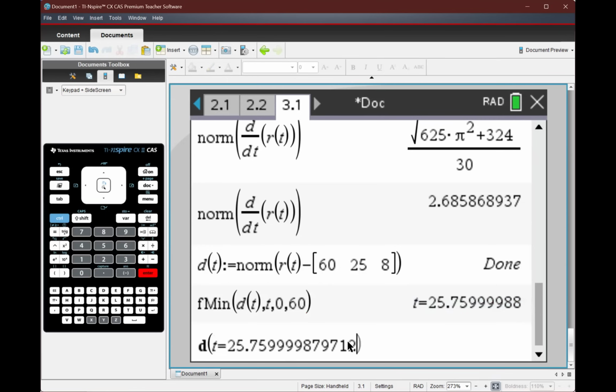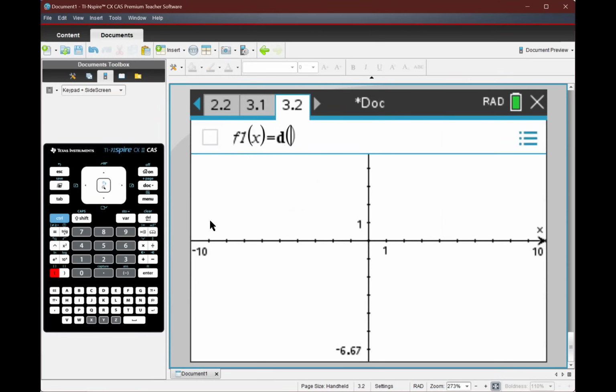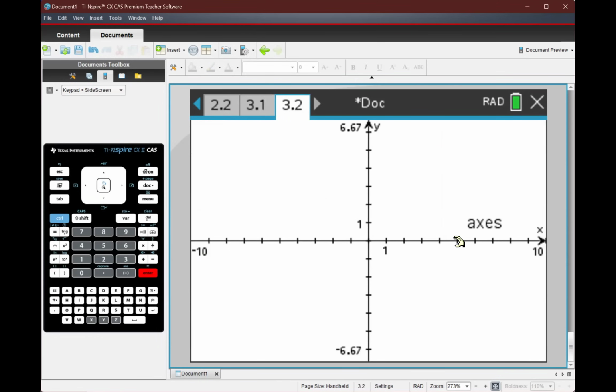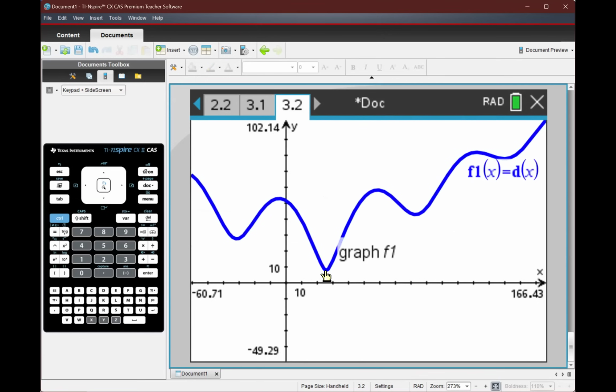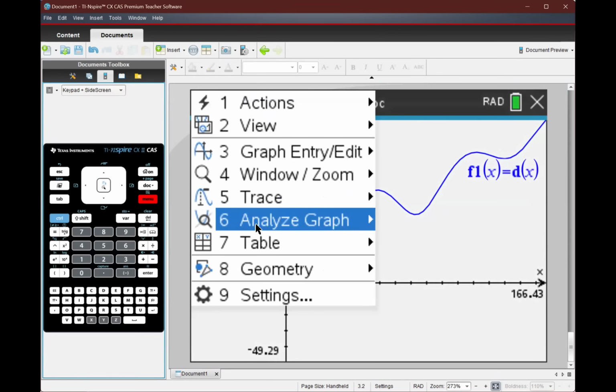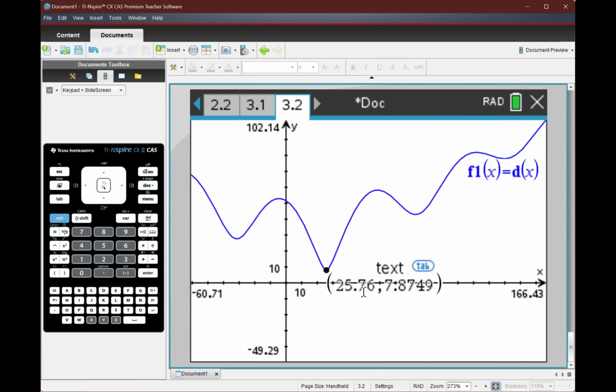And sub that in to get the shortest distance. You can always confirm this is a distance function of time and sketch the graph to confirm the absolute lowest point. For example, d of x. This is the absolute lowest point. Something along these lines, okay?